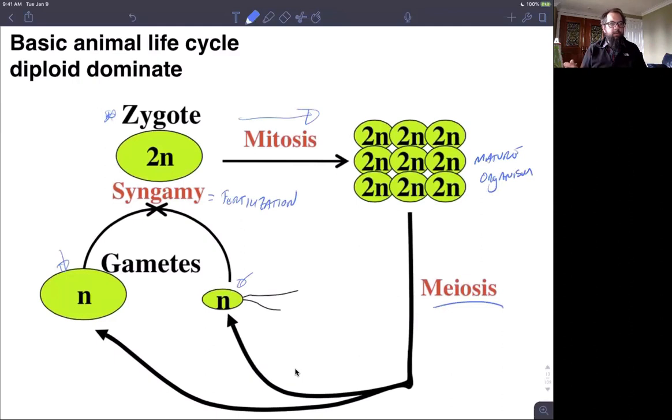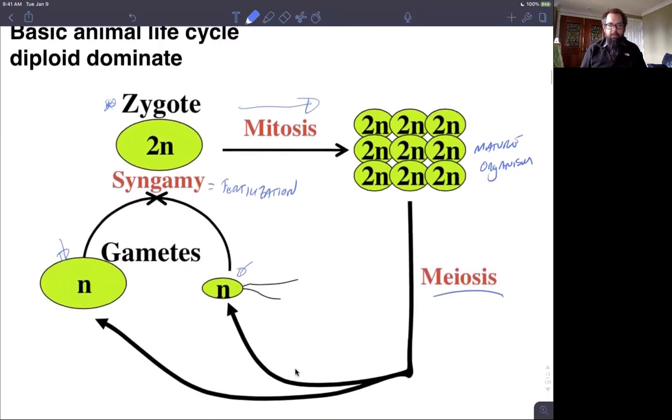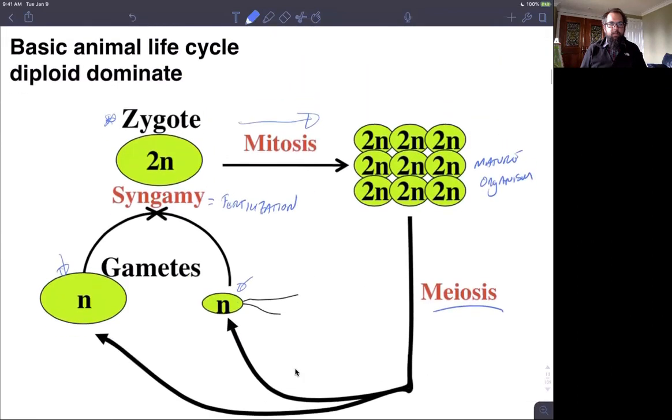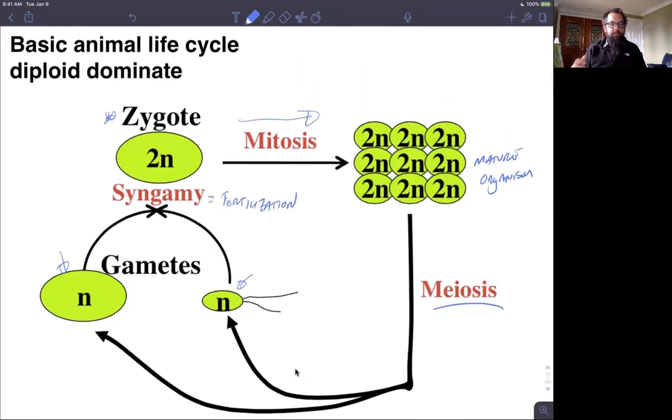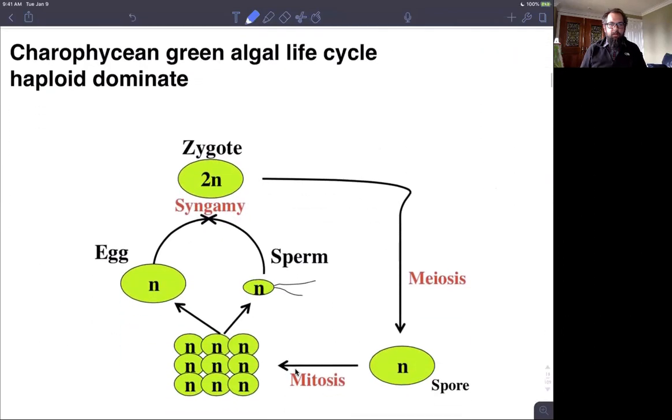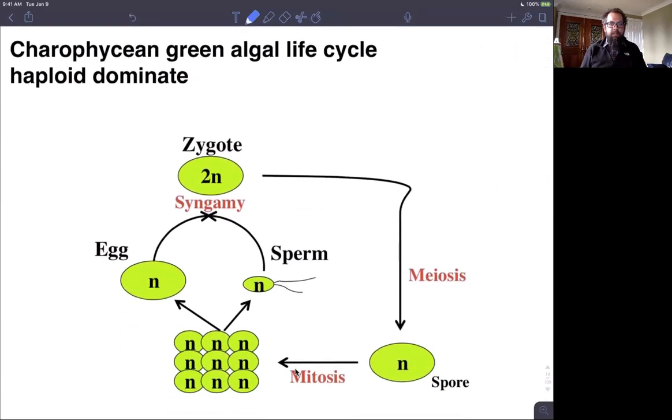That's our view of life cycles, with that basic animal life cycle as our foundation. When we start to look at how this varies in green plant lineages, we see various things. When we look at the Charophycean green algae, so remember charophytes are that green algal group that's sister to all of our land plant groups, we see something a bit different.